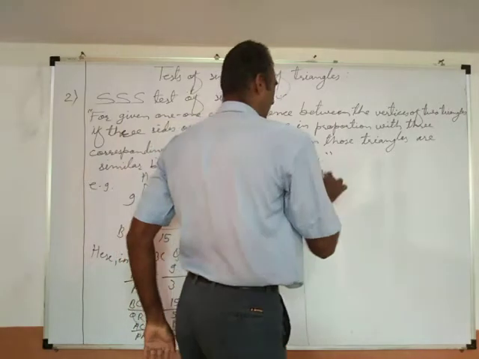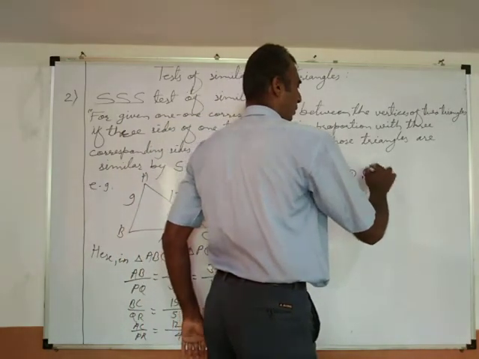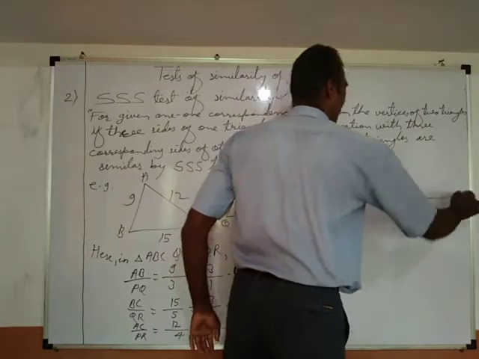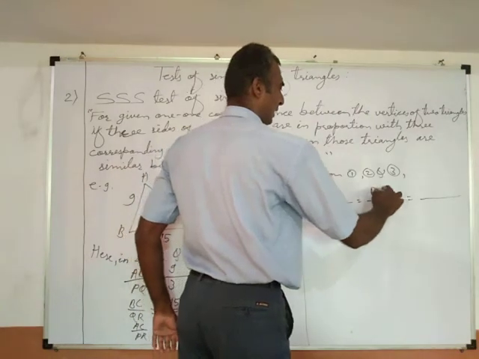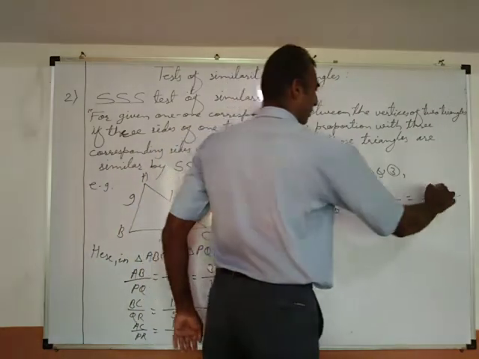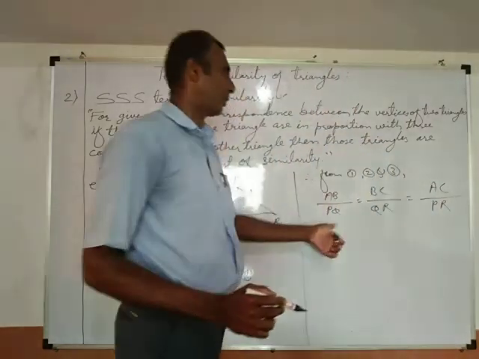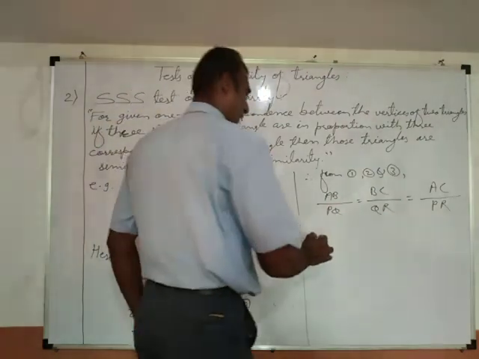Therefore, from 1, 2 and 3, we can conclude 3 sides of one triangle are in proportion with 3 corresponding sides of other triangle. AB upon PQ equals BC upon QR equals AC upon PR.